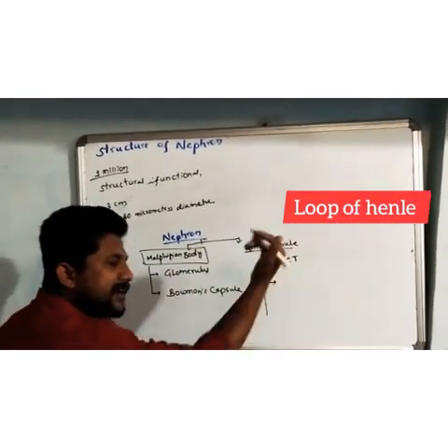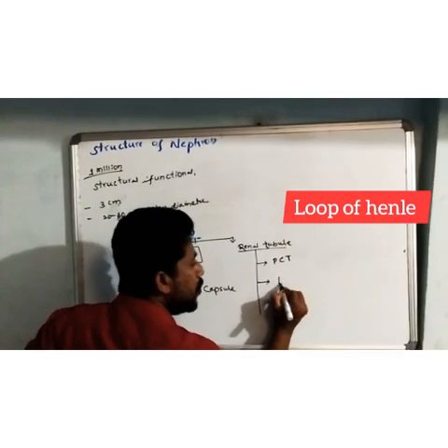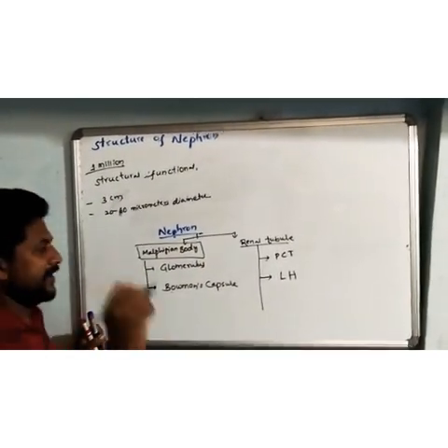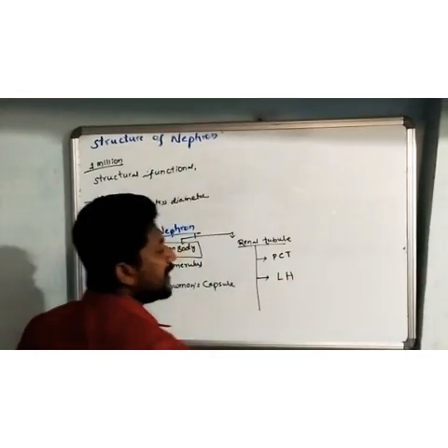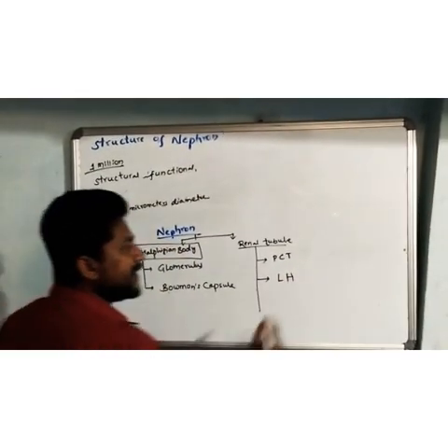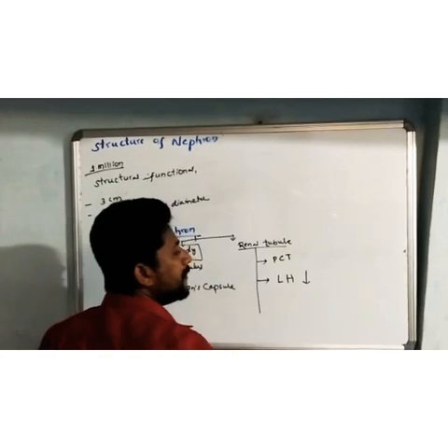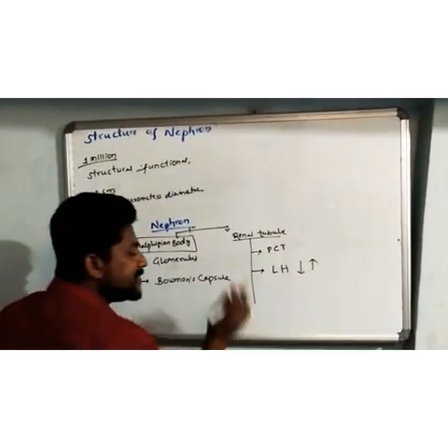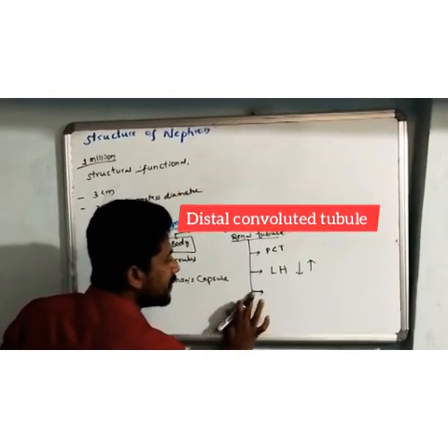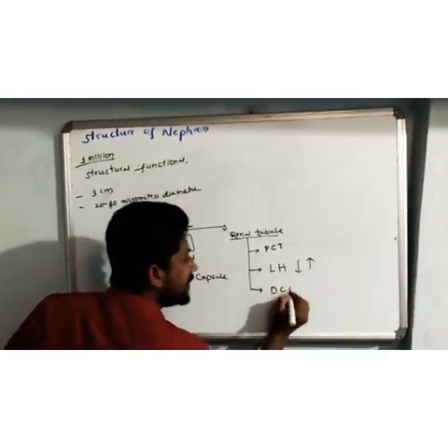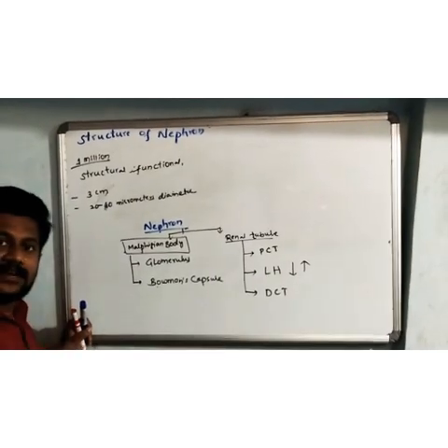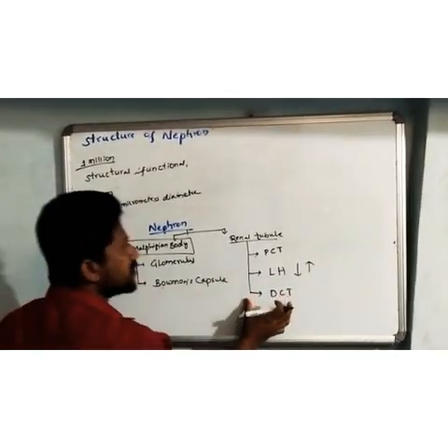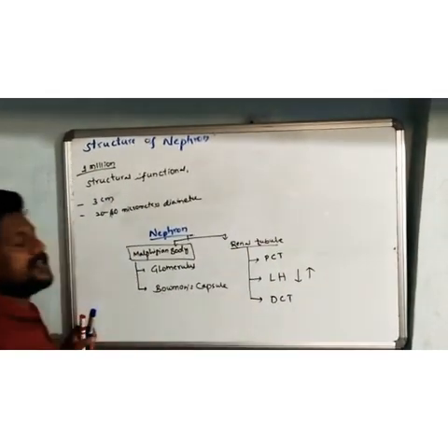This PCT continues as the loop of Henle, which has two portions, the descending loop of Henle and the ascending loop of Henle. And next it continues as DCT, the distal convoluted tubule. These are the parts of the renal tubule.